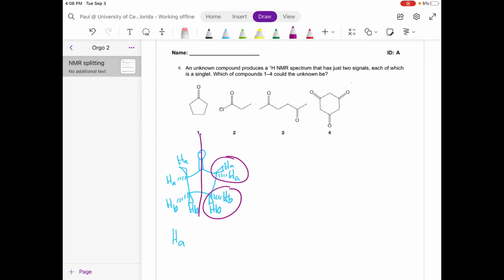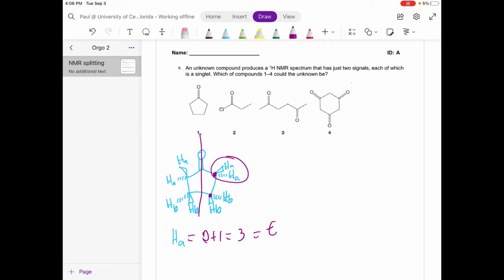HB. And so if we do our n+1 rule, HA is attached to that carbon. So what's adjacent? Right there. How many hydrogens are attached to that adjacent carbon? There's 2 HBs. So 2 + 1 = 3. So HA is going to be split into a triplet.